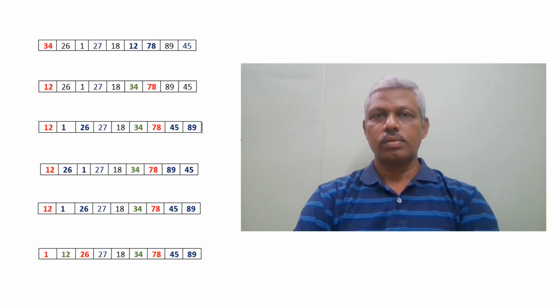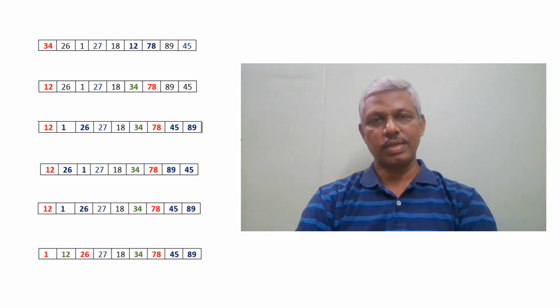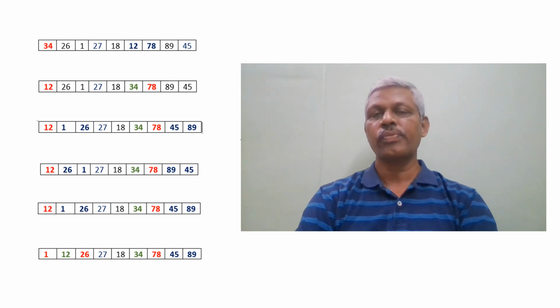Once this is done, if we want to move the indexes from right to left and left to right, the indexes cross each other at that location. So this is a stopping point for this cycle. Once the first cycle is complete, the pivot element 34 can be shifted now to the location where the 12 is present, because that is a location where all the elements on the left side of 12 are less than 34, and the elements after that are greater than 34.